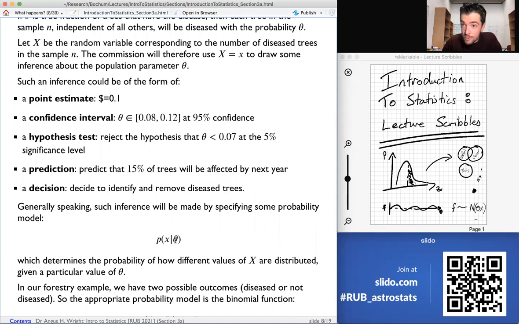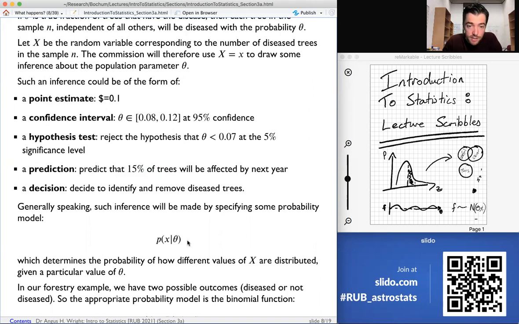If theta is 0, that is, there is no disease in the forest, then the probability of observing 10 diseased trees out of 20 is 0, because you cannot see any X being diseased if theta is 0, by definition, right?